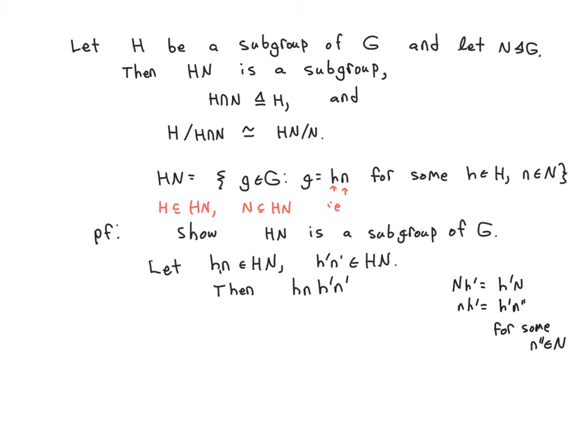So let's use that fact here. hn h'n' is equal to h h' n'' n'. If I group the H terms together and the N terms together, then it looks like I have an element in H times an element in N. Congratulations, I actually have something in the subgroup.